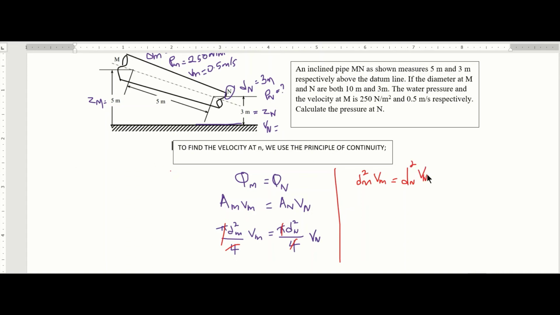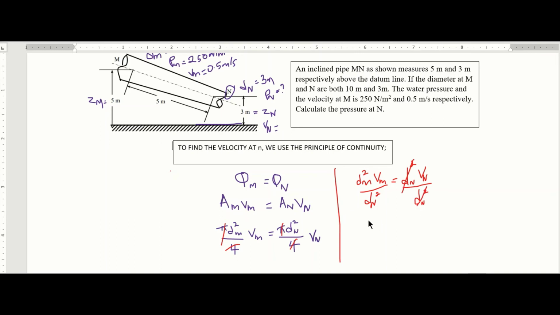So what next? To get the velocity at N, we can divide both sides by the diameter at N squared. So these cancel out.